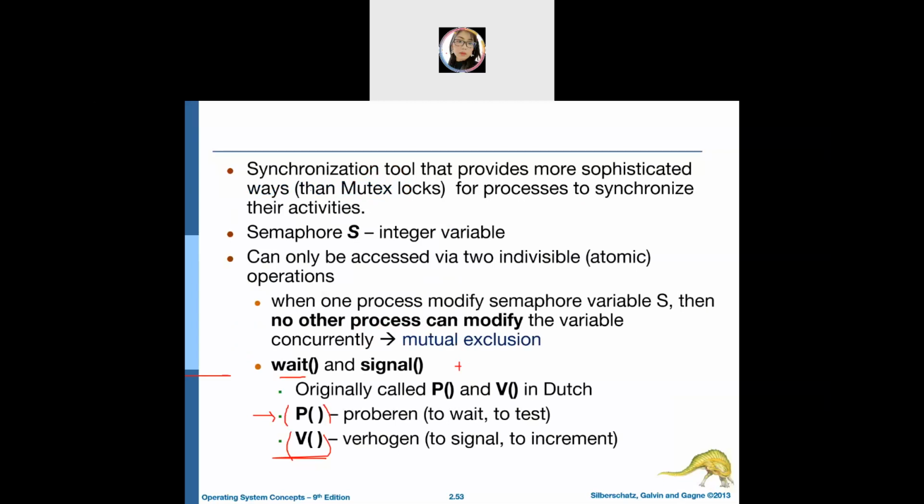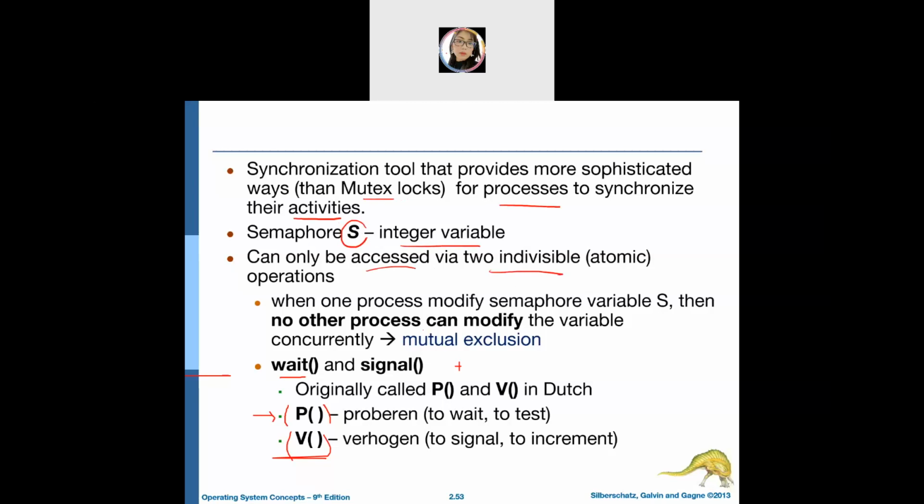Semaphore is a synchronization tool that provides a more sophisticated way, compared to a mutex lock, for processes to synchronize their activities. A semaphore is an integer variable that can only be accessed via two indivisible atomic operations.